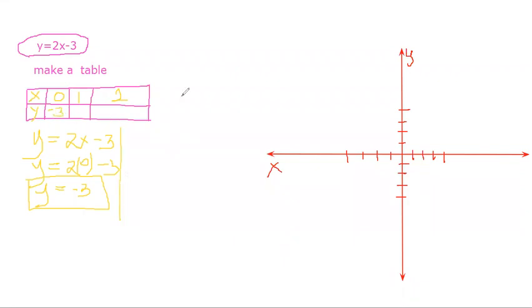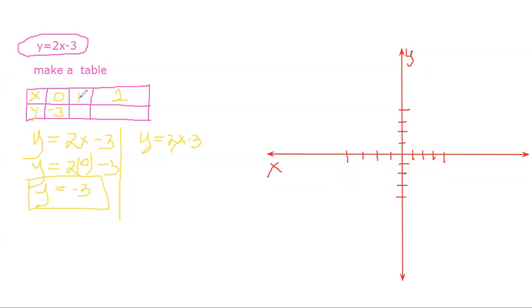Ayan. And then next is, copy rin ninyo pa rin si, let's solve for the value of y if si x kay 1. So, kopyahin lang yan ang equation na si y is equal to 2x minus 3. 2x minus 3.